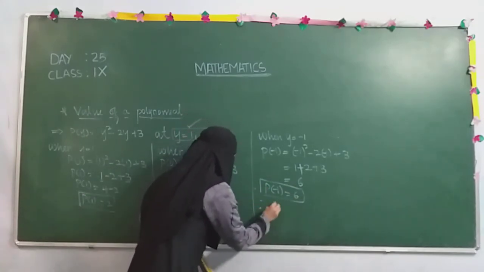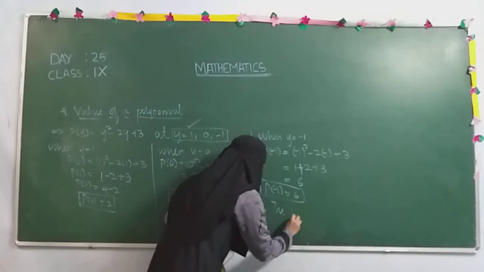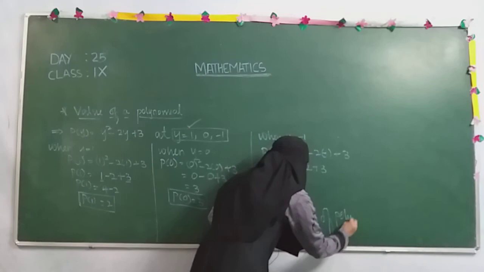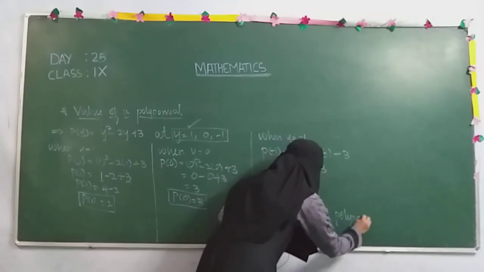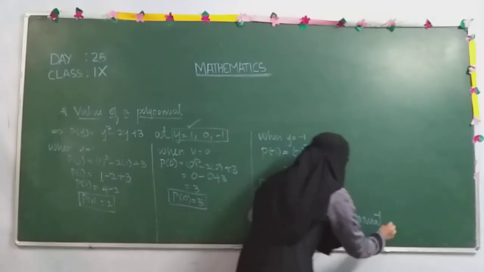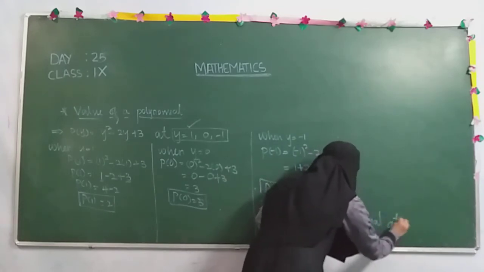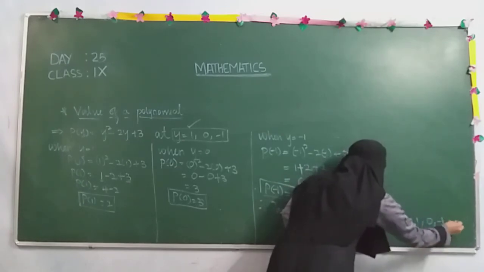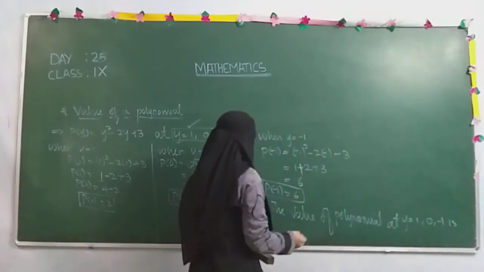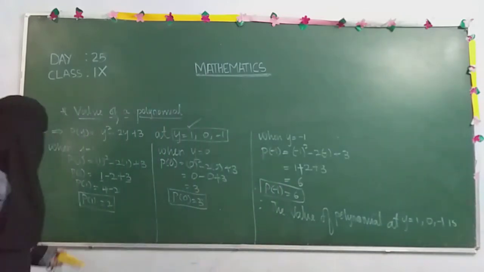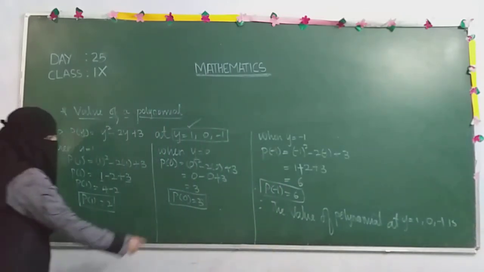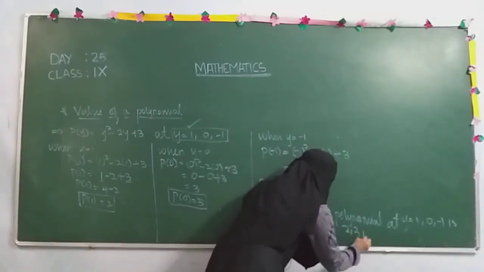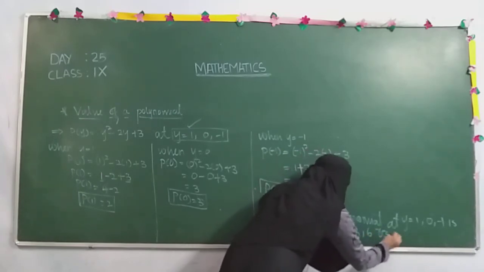Therefore, the values of the polynomial at y equals 1, 0, minus 1 are 2, 3, 6 respectively.